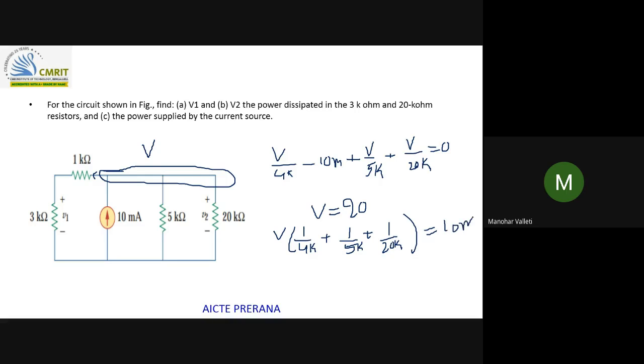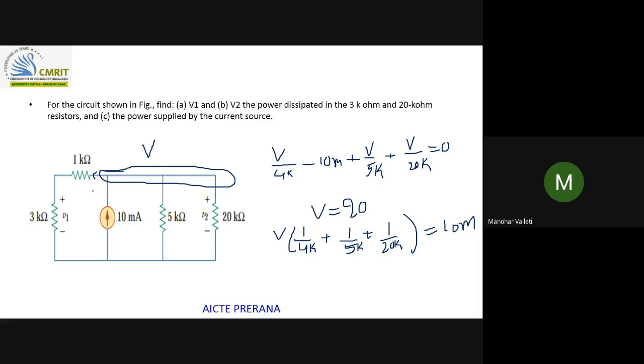So milli may cancel each other. Here all K, milli. So V equal to 20.